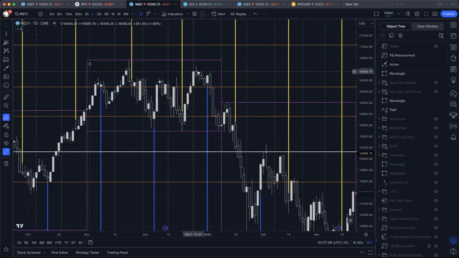So what I'm seeing starting late August, early September is potential for a big move in either way.